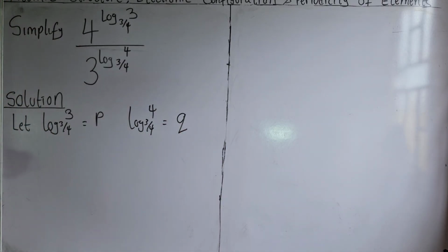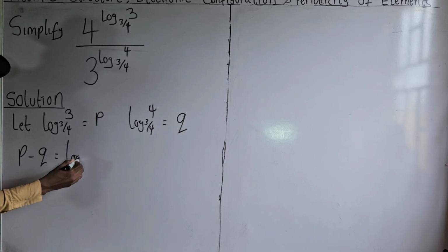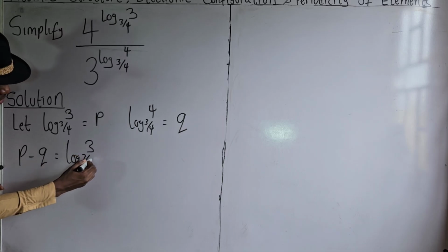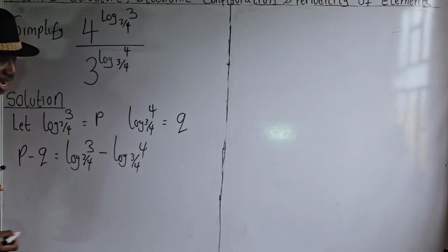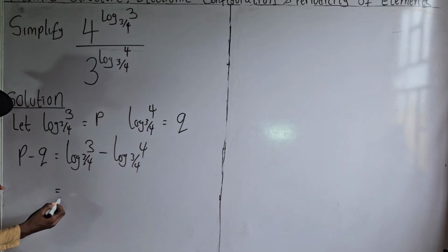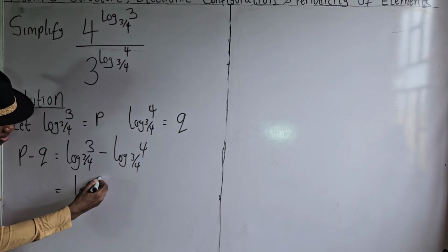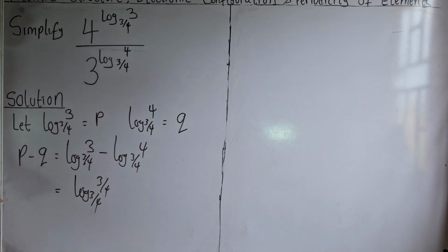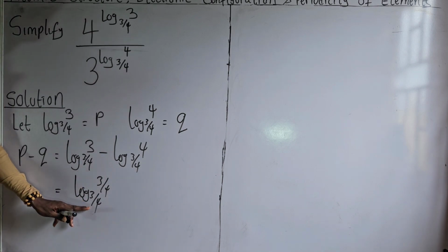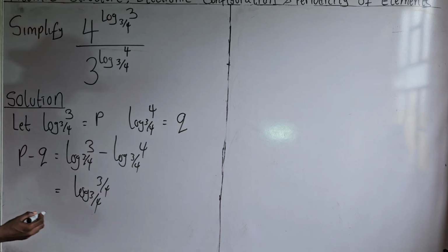So let us take the difference between p and q. p minus q will be equal to log 3 base 3/4 minus log 4 base 3/4, right? And this will give us log 3/4 base 3/4. Logarithm of the same number to the same base will give us 1. So we're going to have 1, right? So that means p minus q equals 1.